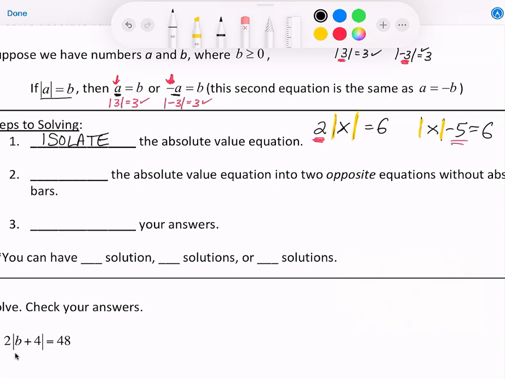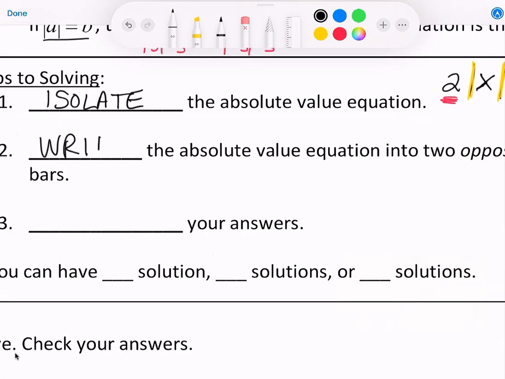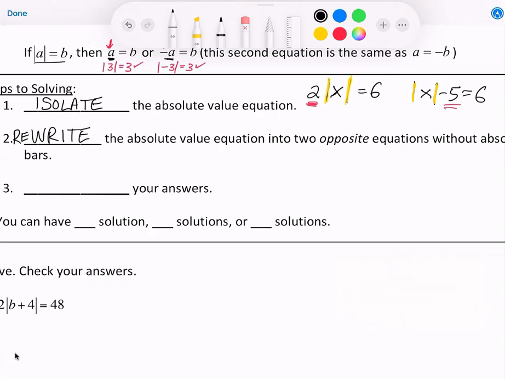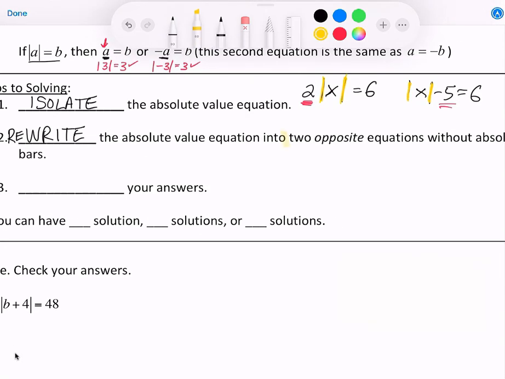And that is our second point. After we isolate the absolute value equation, number 2, we rewrite the absolute value equation into two opposite equations without absolute value bars. So again, I think I've written this a couple times already, but if we had the absolute value of x equals 3, we could say one of two things.